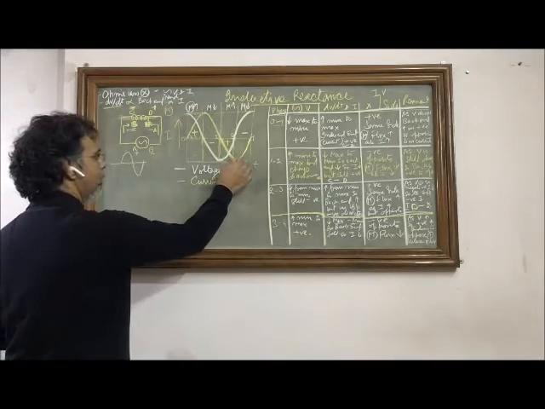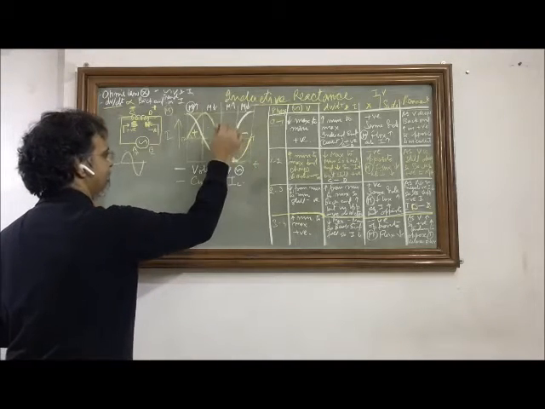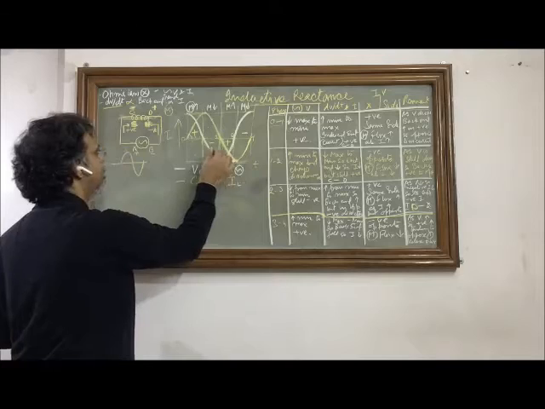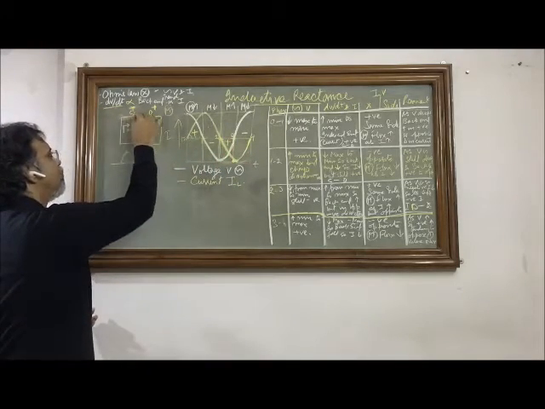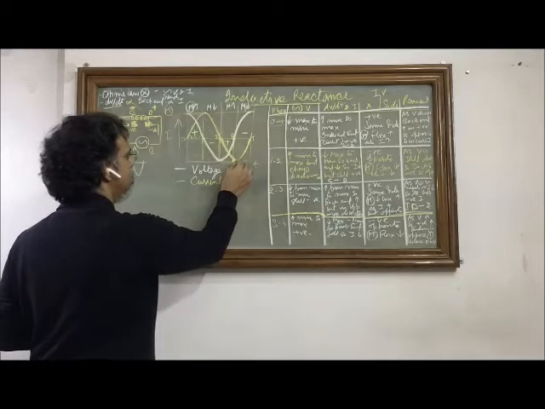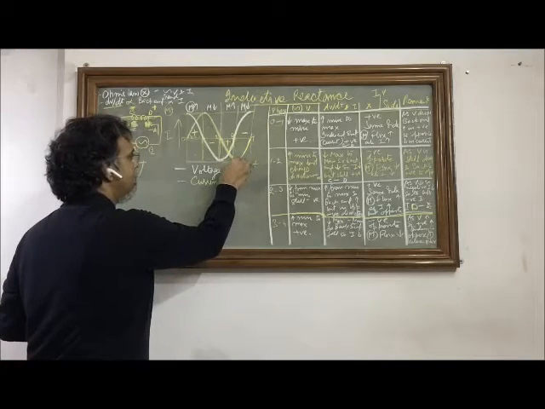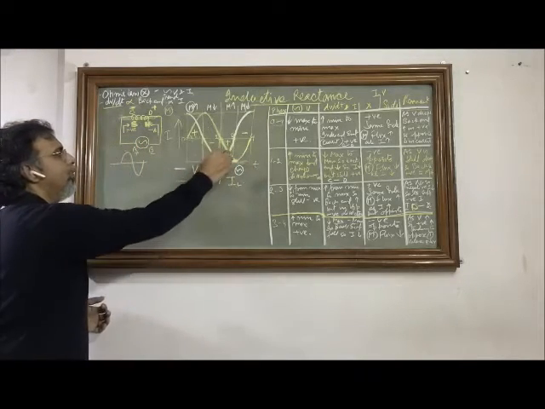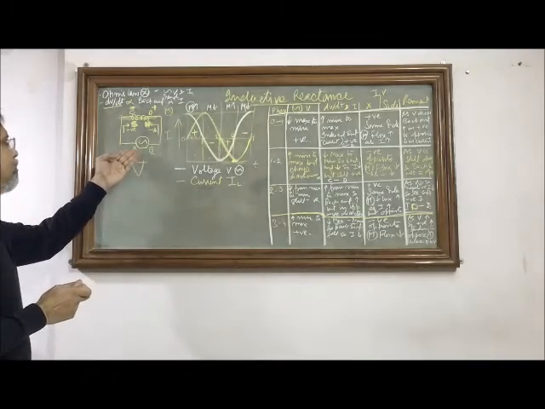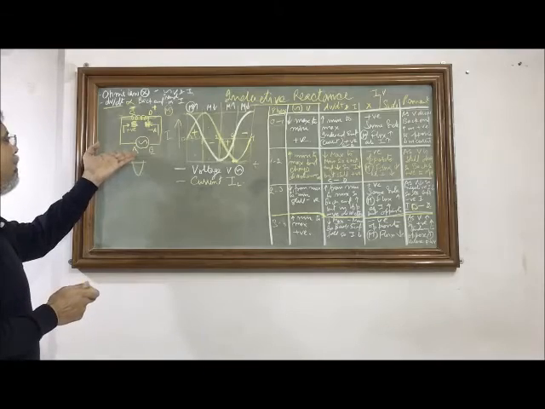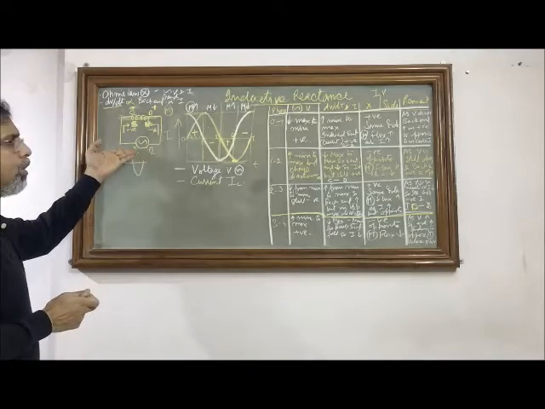That initially at this point the back EMF will be at its best, which means the back current will be at its best, which means the opposition to the rising positive current will be at the best. Now as the rate of gaining positivity by this pole falls, this is now increasing its potential but not that fast.